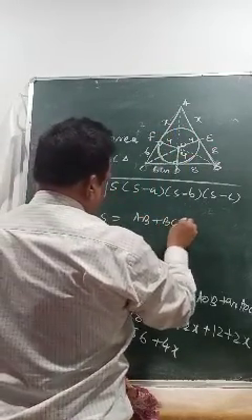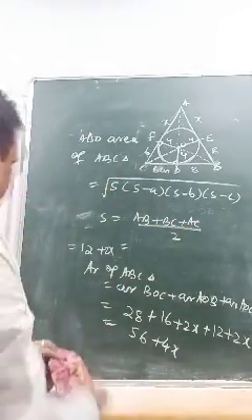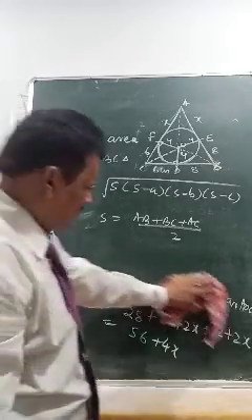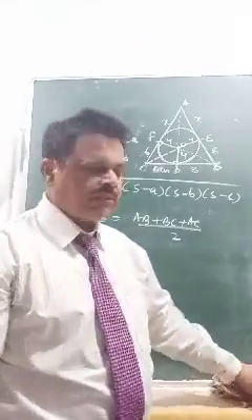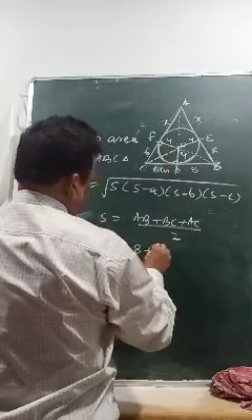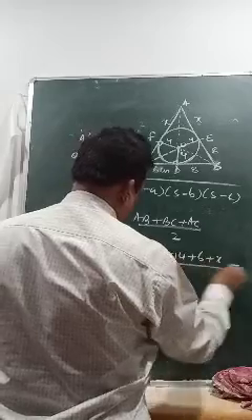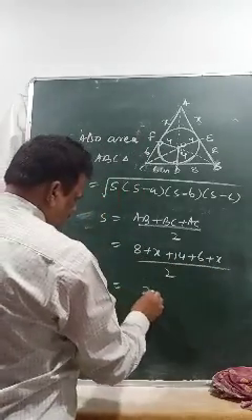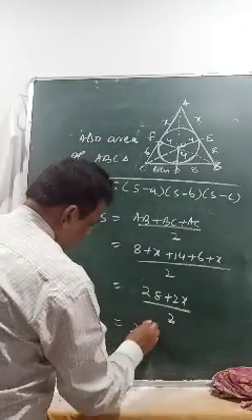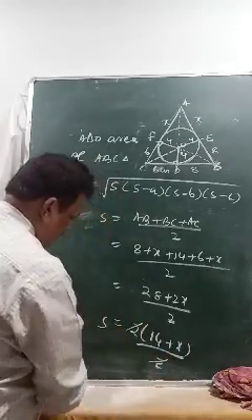It is a bit lengthy, but still, AB is 8 plus x. So this is 14 plus 6 plus x divided by 2, 28 plus 2x by 2. 2 common, 14 plus x by 2, cancel. This is your S.